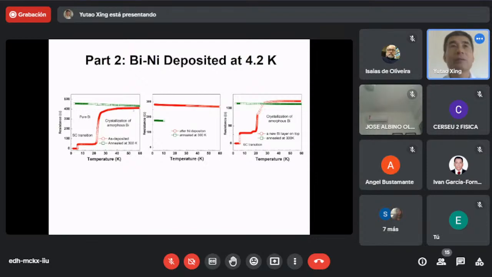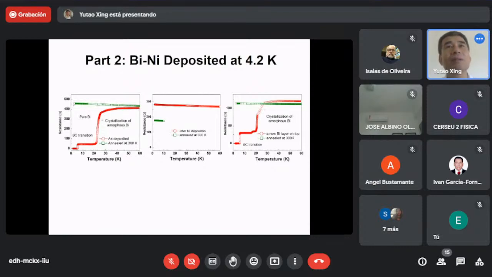So that's why amorphous bismuth has lower resistivity than crystalline bismuth. After the bismuth is crystallized, we heated the sample to 300 Kelvin, and then we came back. This is the curve after the annealing at 300 Kelvin. So we can see that for sure, now we have a very nice layer of crystalline bismuth. It's not amorphous, it's crystalline.